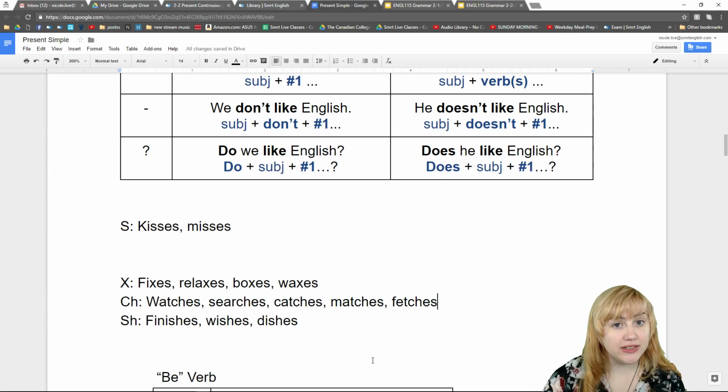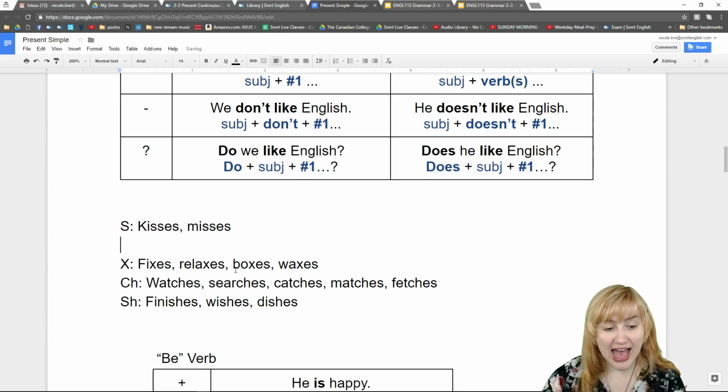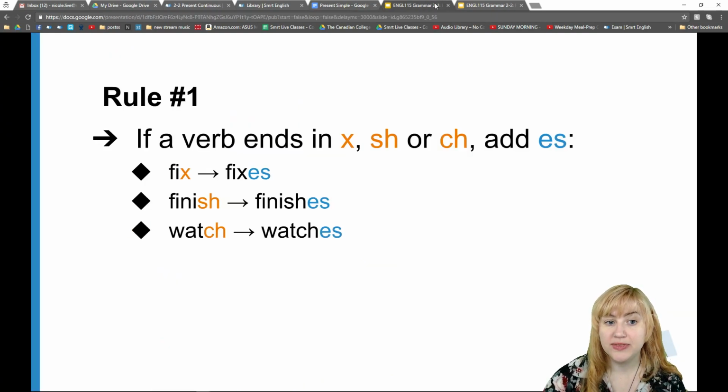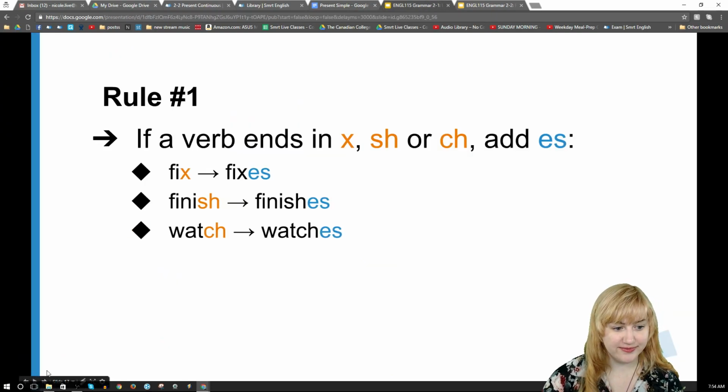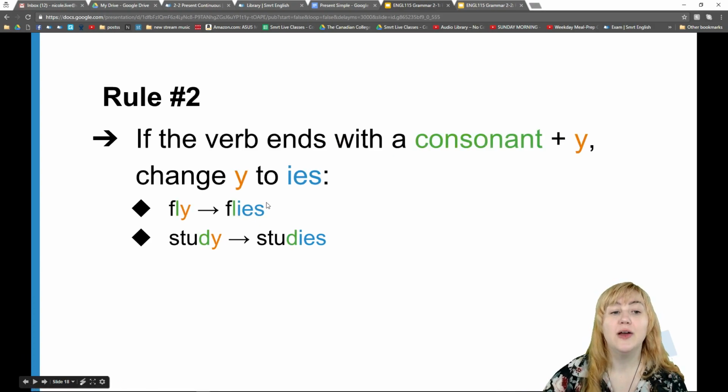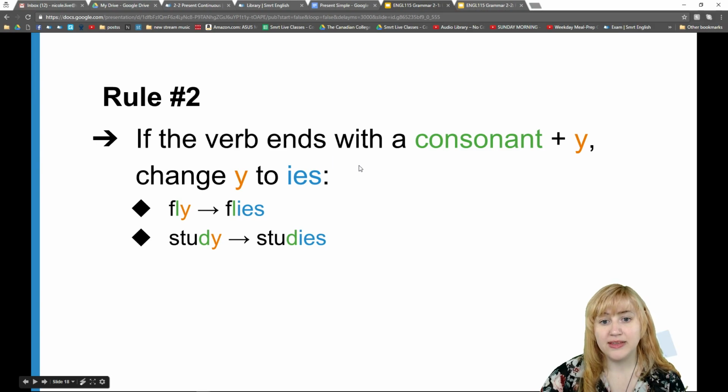Because if your last letter is Y, we also have some special rules. Actually, let's talk about that right now. So good segue, Santos. Okay, so our second rule has to do with the letter Y. Our second rule says if the verb ends with a consonant plus Y, we're going to change Y to IES.